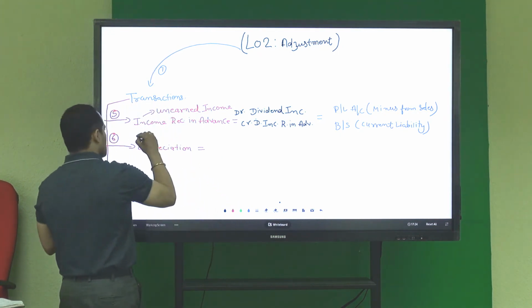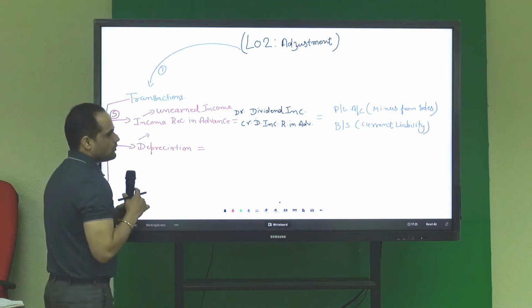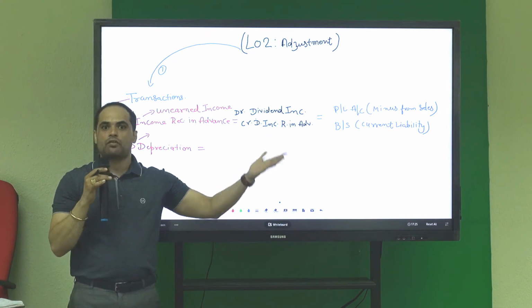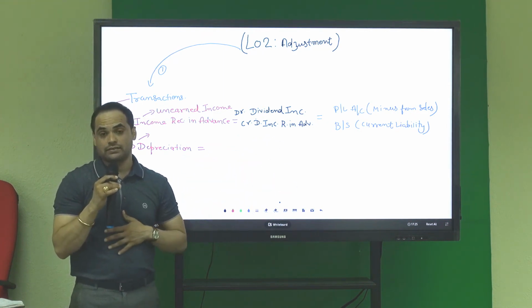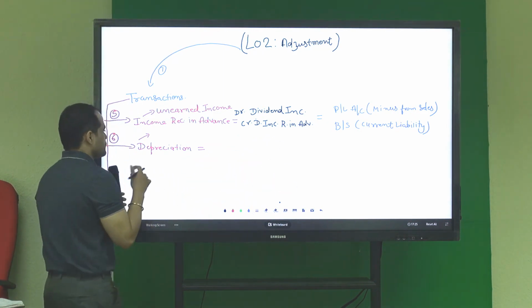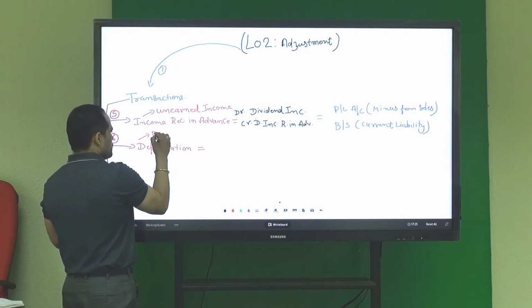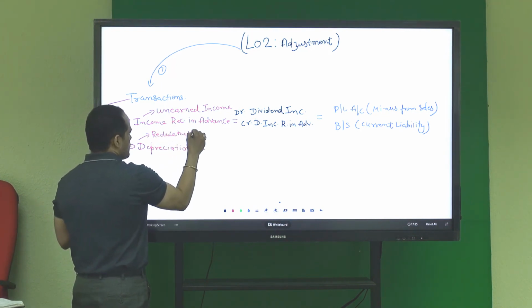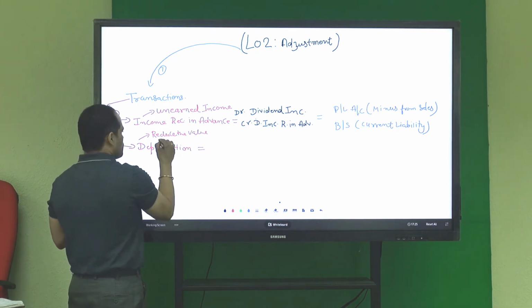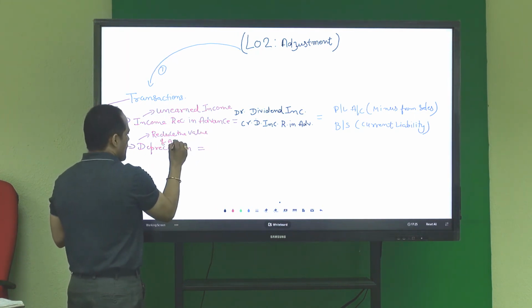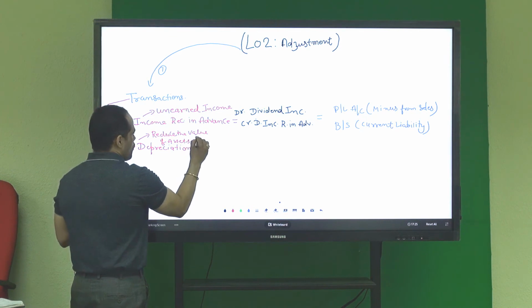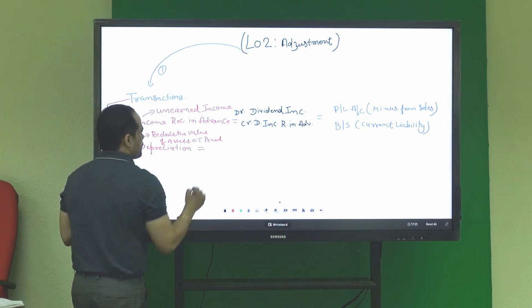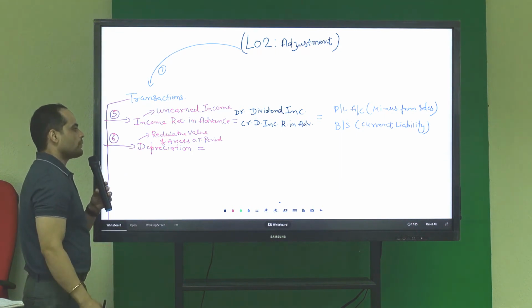Depreciation means reducing the value of assets, of course fixed assets, over a period of time. So that's called depreciation.